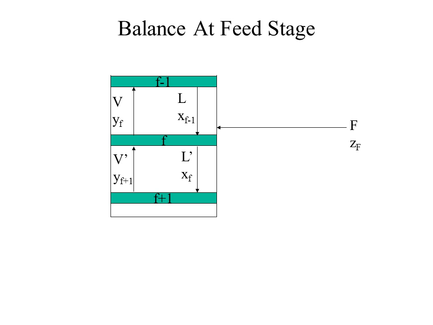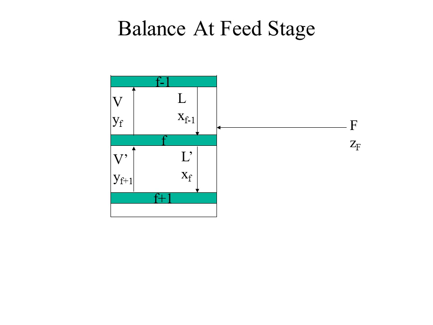Now that we've studied the operating lines above and below the feed stage and how to count off stages, we're going to focus our attention at the feed stage. Here we are introducing our feed, which has a composition Z sub F. Above the feed stage, stage F minus 1, we have a liquid coming down with mole fraction X sub F minus 1.